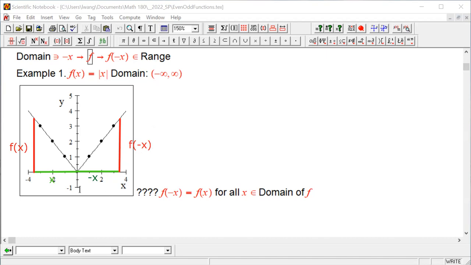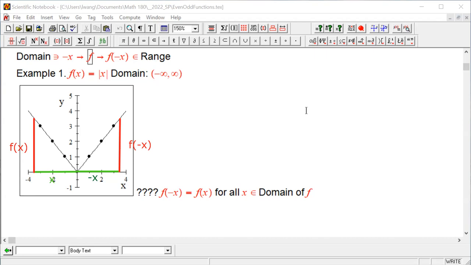I hope that's clear. Input, output. Input, output. And for this particular function, apparently these two are the same, because they're taking the absolute value of x or negative x. And it is true for any x. x can be 2, -3, 5, 2.6, -7/8, any number you name from the domain.